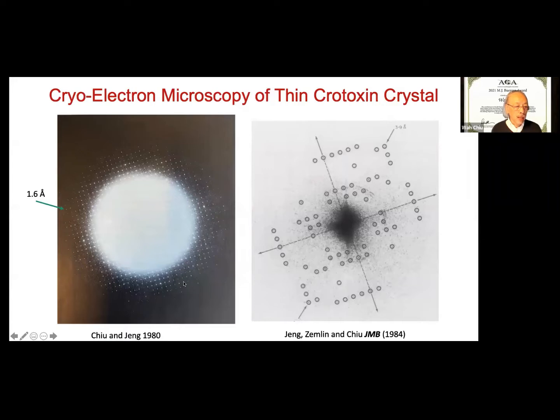We were able to identify a toxin complex that formed thin crystals. When I put this crystal embedded in glucose, which was an alternative method of preserving biological specimens in the microscope suggested by Nigel Unwin and Richard Henderson in the 70s, I was able to get an electron diffraction pattern with spots extended to 1.6 angstroms.